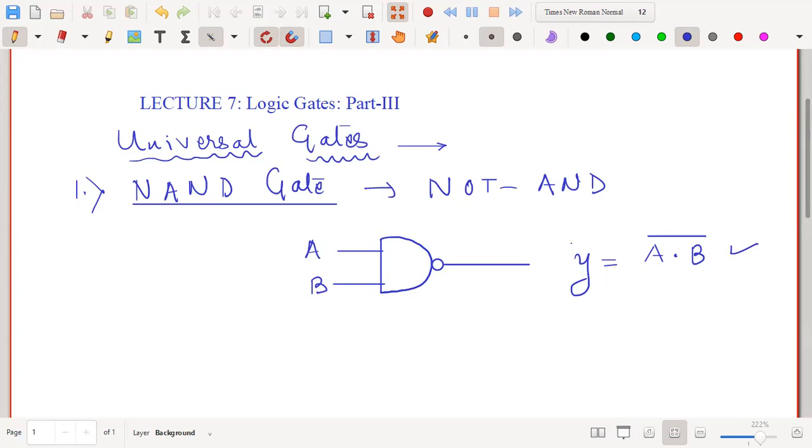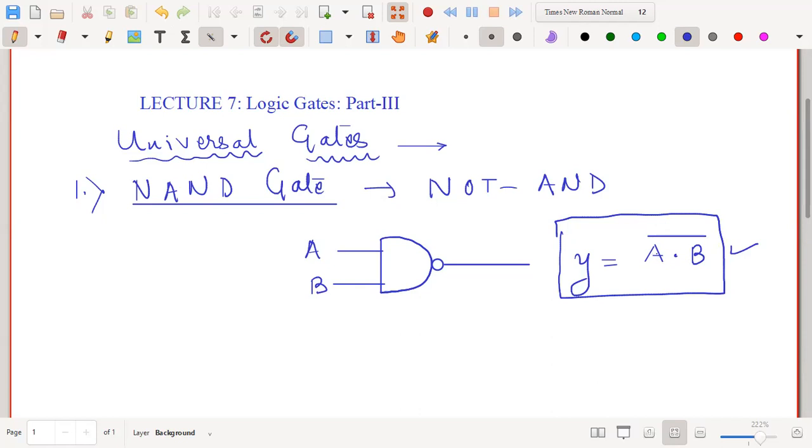Now, based on this Boolean expression, we can write down the truth table. It will give the output high if either A or B or both of these are 0. We can check this from the expression.